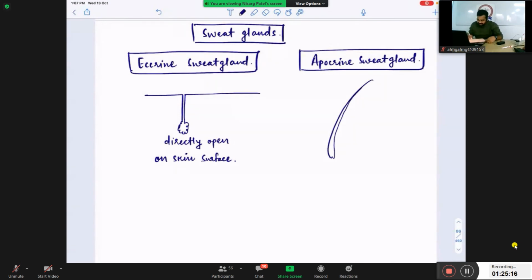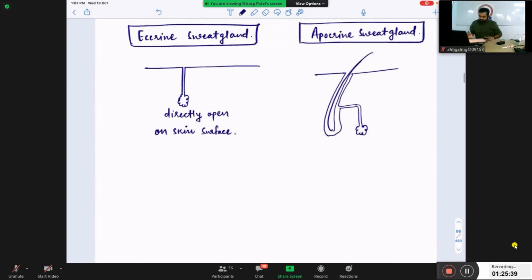Whereas the apocrine sweat gland opens on the hair follicles. So these glands open with the hair follicle.